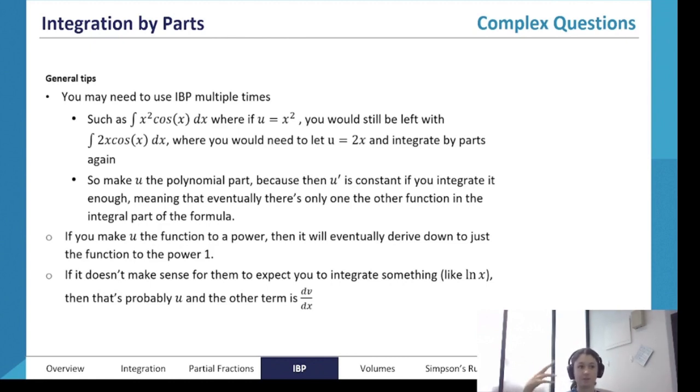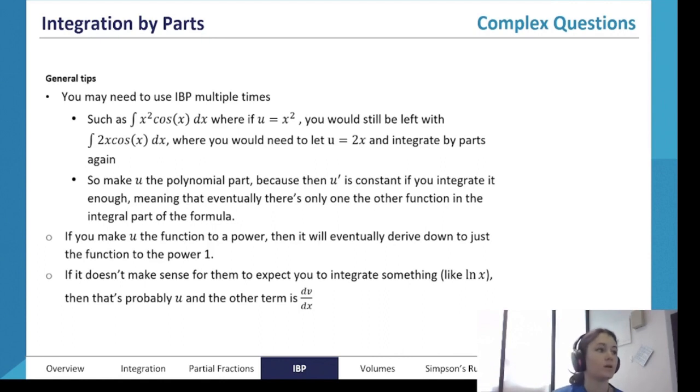In fact, that's the main part of it. But when you have a whole year's worth of content to remember for your external, it really is helpful if you just have a document of all of the tips for complex questions for specific areas such as integration by parts, to just have a quick read through the days before your exam.